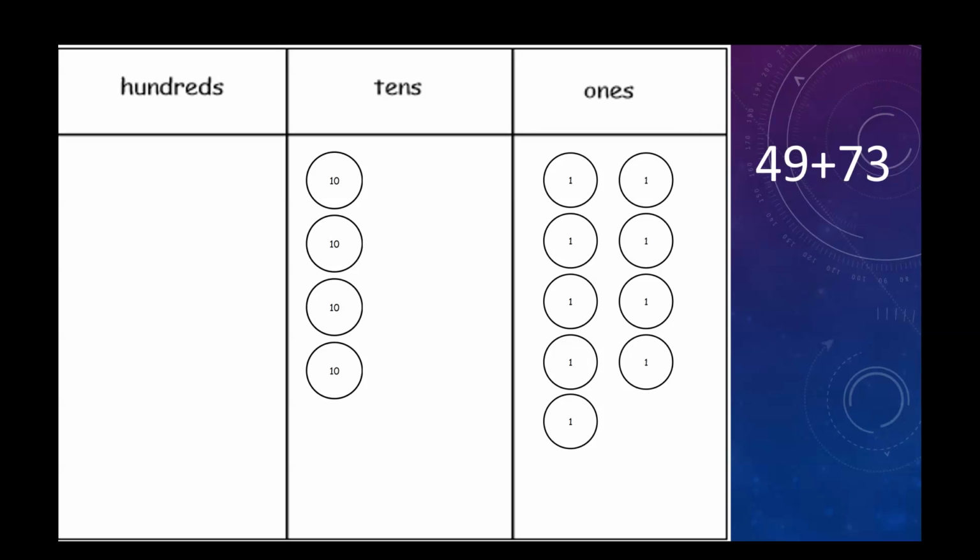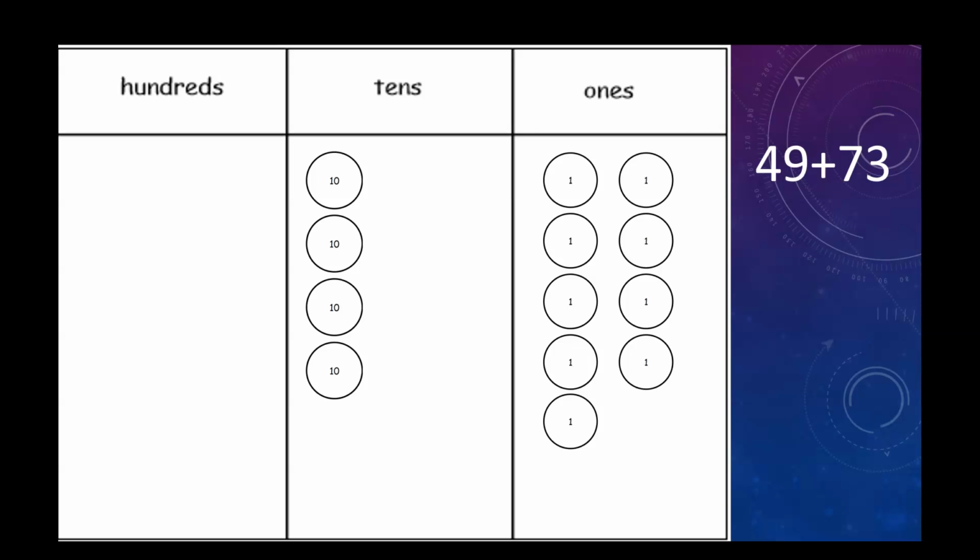Okay, so now we're going to add some 1s to our problem here. So we have 49 plus 73 now. We need to add our 1s first, and then we can add our 10s. Now remember, if we come up with 10 1s or 10 10s, then we can move them over. We can bundle them up. So let's see.